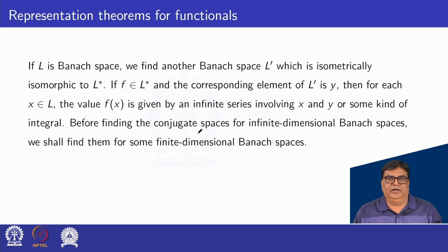Before finding the conjugate spaces for infinite dimensional Banach spaces, we shall find them for some finite dimensional Banach spaces. Like before discussing the conjugate space of LP, L1 and L infinity, we shall discuss the conjugate of finite dimensional Banach space.